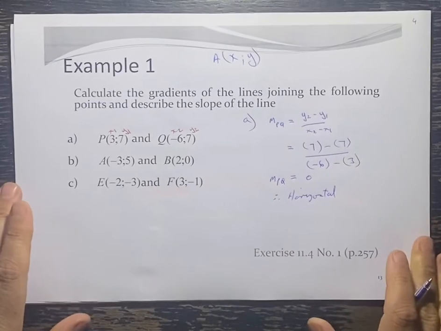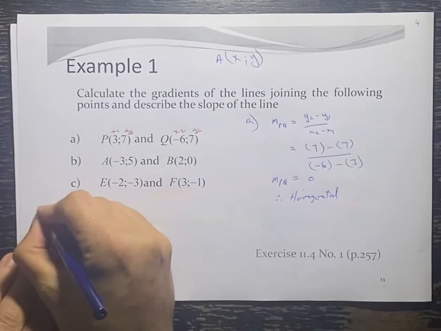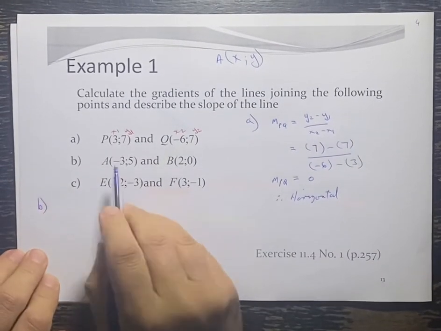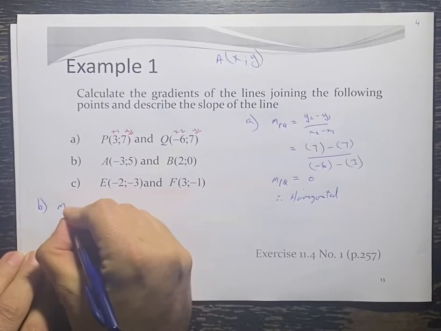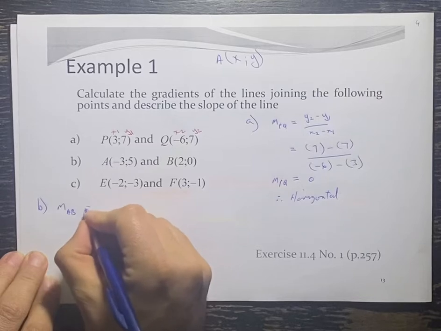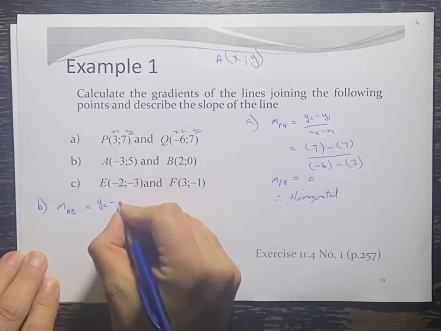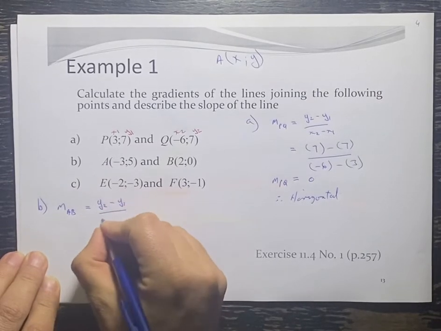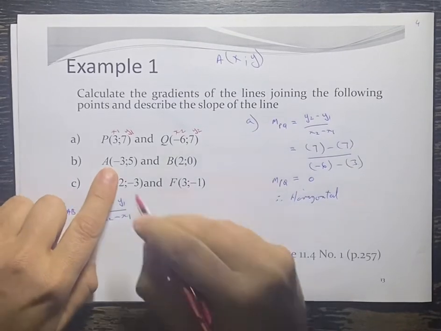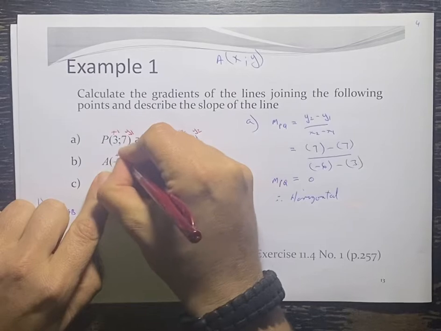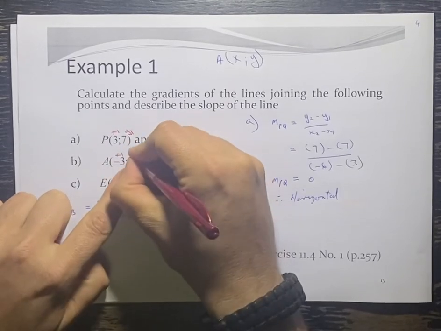Let's have a look at example B. I'm going to do it over here. Now we're looking at the gradient of AB. So little m subscript AB equals y2 minus y1 over x2 minus x1. Because this is our first point, this is going to be x1, y1.